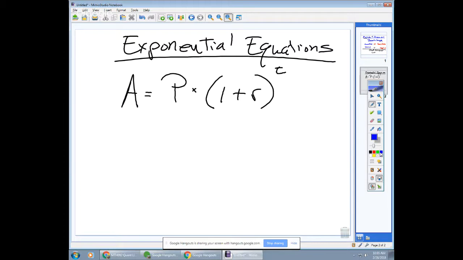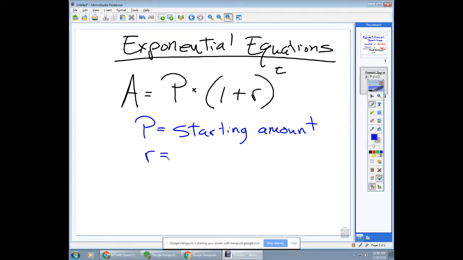All right, so some things to note about this right here. P always represented the starting amount, whatever that happened to be. So with that Ebola outbreak, there was initially 130 cases, and then it grew from there. With the car, we started off with maybe an $18,000 car to start with. Or maybe we invested $1,000 in a bank account.